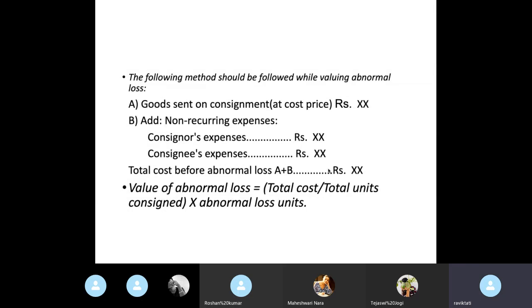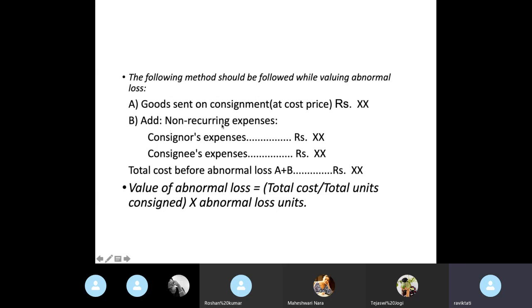Now this is how you can calculate the abnormal loss. What is the value of the goods sent on consignment? Add the non-recurring expenses, both the consignor's and the consignee's. Now remember, non-recurring expenses means direct expenses, one-time expenses. Understand it as one-time expense.